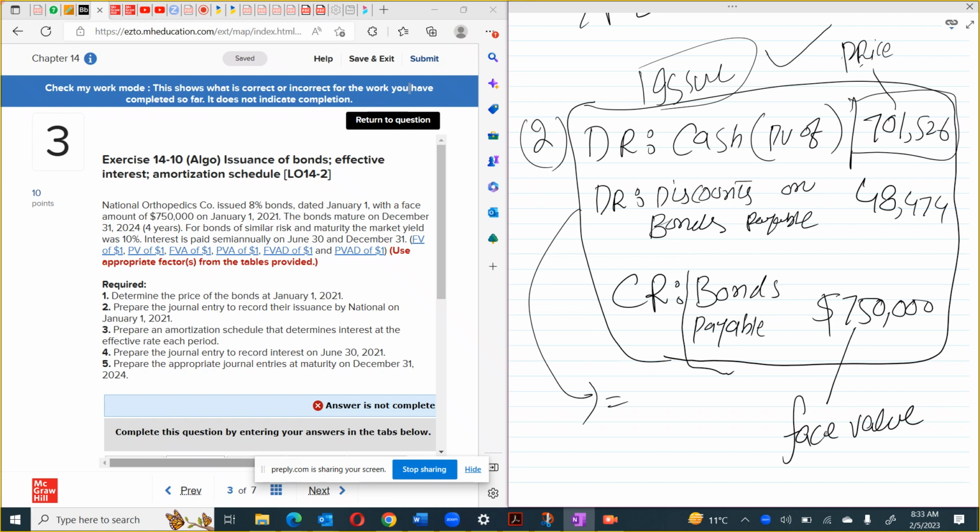It will be 5,759. And then 724,826 minus 5,759 is equal to 719,067. Then you multiply with the 5%. This will be 35,953.